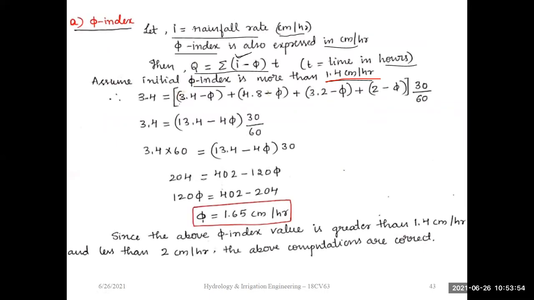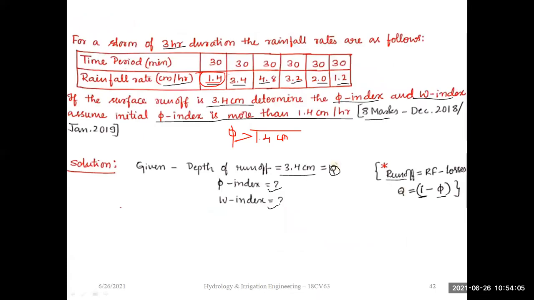So while considering the I value, the intensity of rainfall, you have to consider only values more than 1.4 centimeter per hour. In the tabular column, you are not going to consider the first reading because it is 1.4, and similarly the last reading. So you should not consider the first and the last reading.